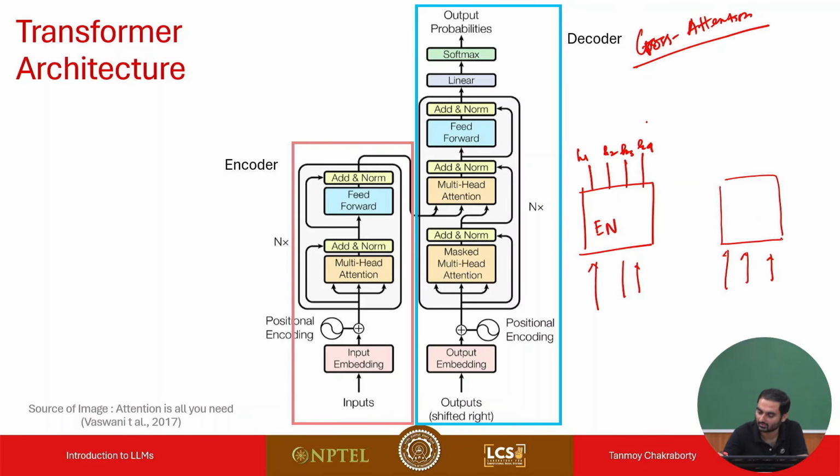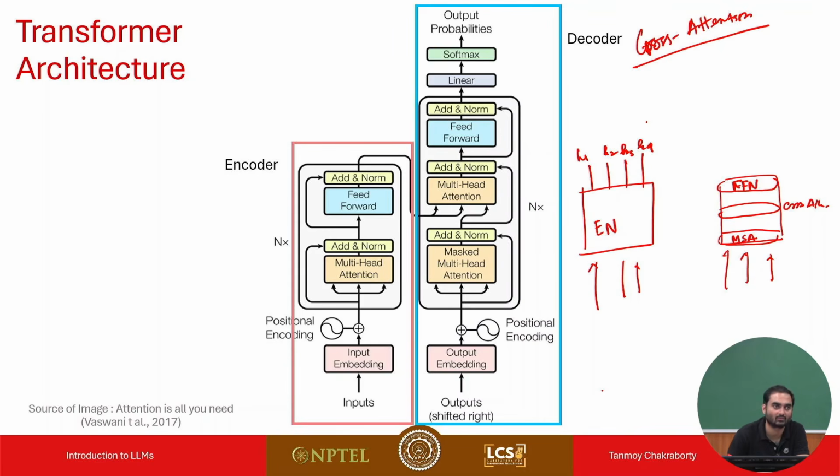In the decoder block, what is the first component? The first component is masked self attention, right? And we also discussed the feed forward network, FFN. All these attentions are multi-headed. In between this, we will introduce another sub-block called cross attention.